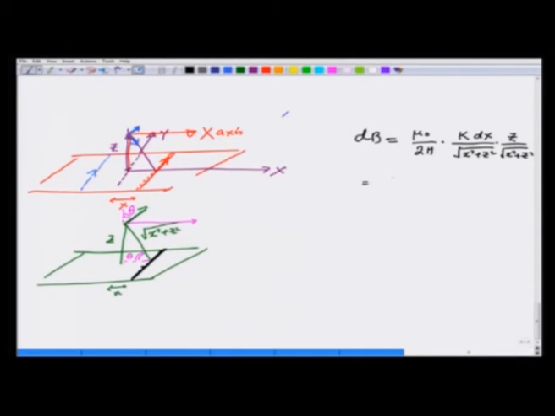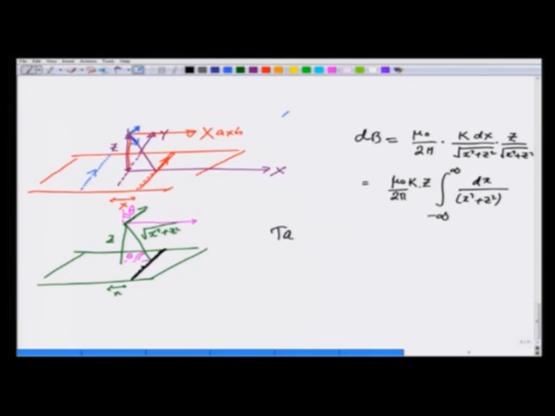So, this comes out to be mu 0 over 2 pi k z integral dx over x square plus z square raised to 1, and this is from minus infinity, x varies from minus infinity to plus infinity.